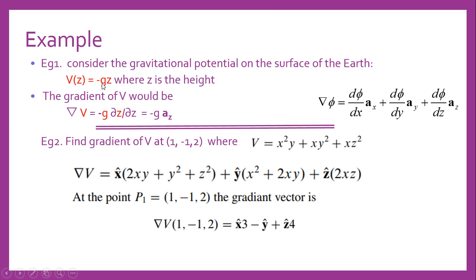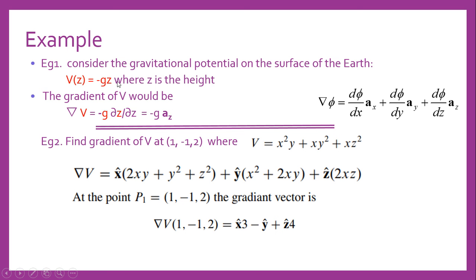So V of z equals minus g z. If you want to find del V, the variable here is z, so del V varies with z. If you differentiate minus g z with respect to z, we get minus g dou z by dou z, and the differentiation gives minus g.